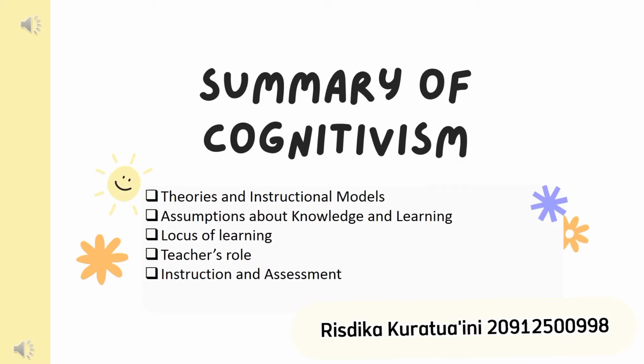Student's role: active processor of information. Instruction and assessment are independent, contextual, and reflective. Instruction aims to assist the learner in using strategies that result in change in thinking. The goal of instruction is for students to develop the capacity and skill to learn better.